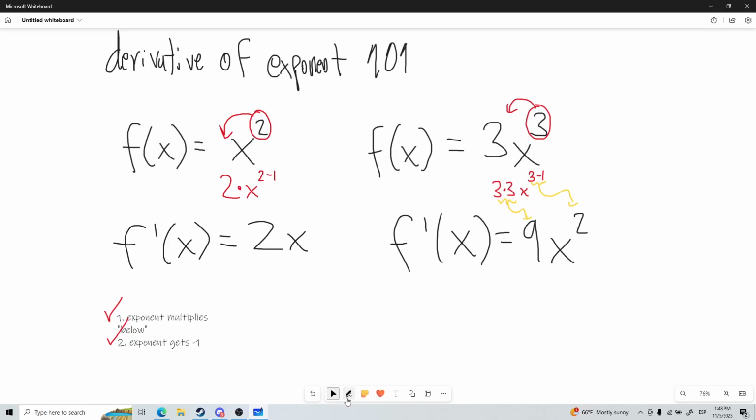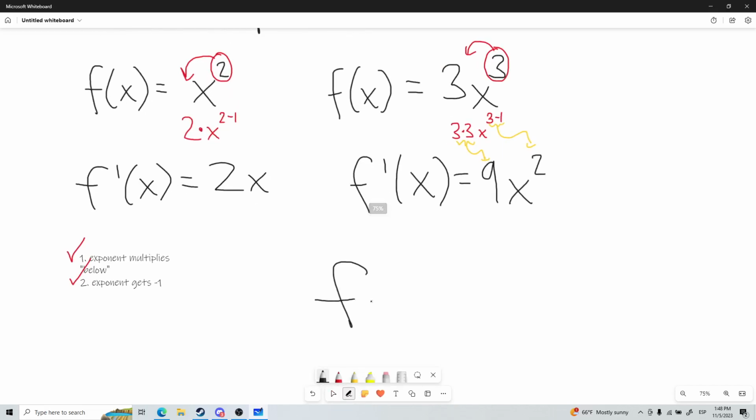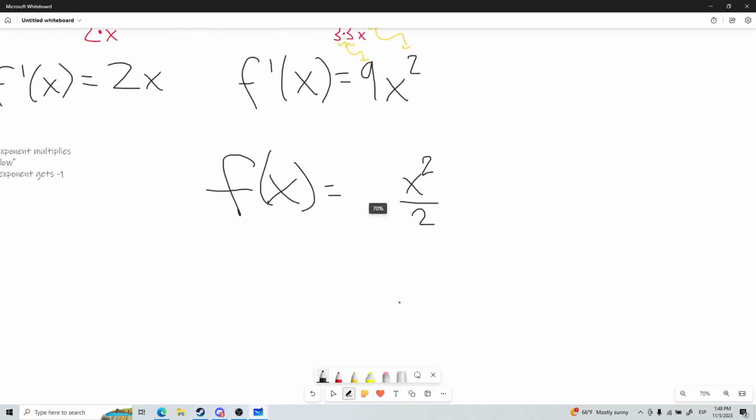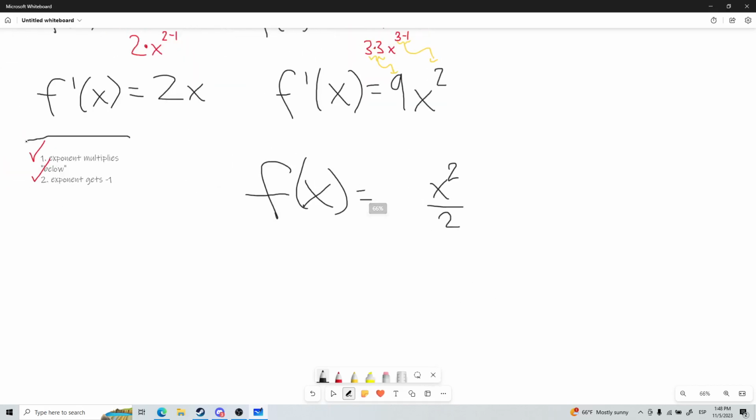And now I'm going to show you the weird stuff that can show up. For example, let's say I have f of x equals x squared divided by 2. Again, I follow the same process. The exponent multiplies below, the exponent gets -1.